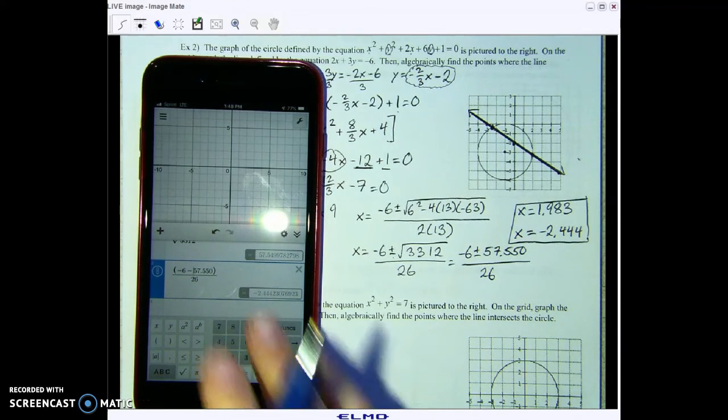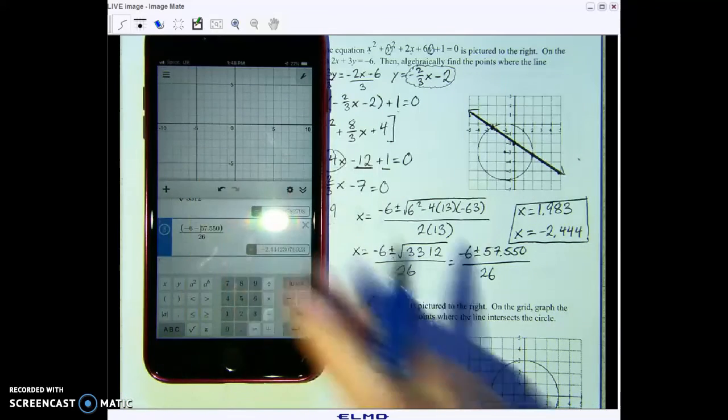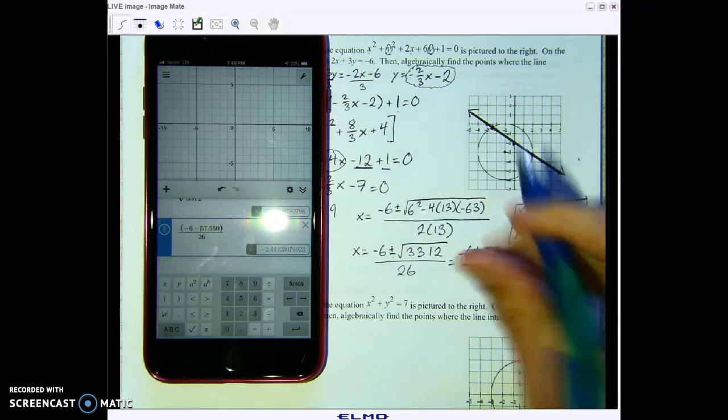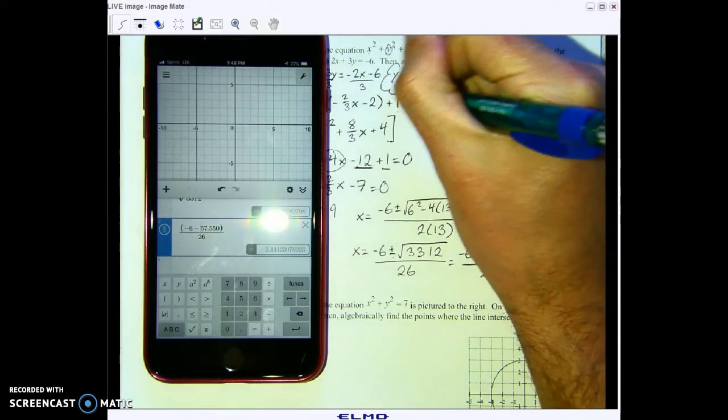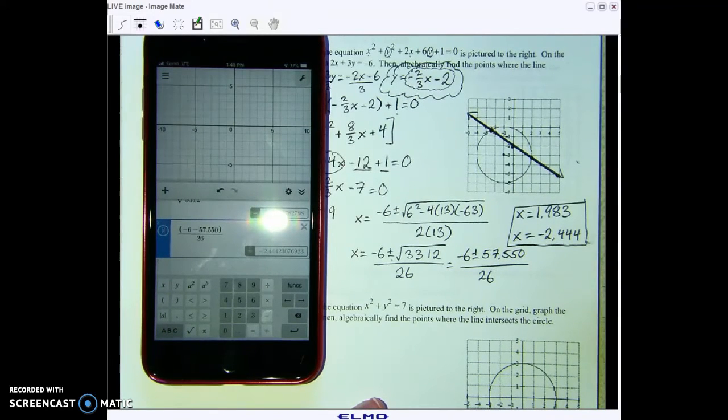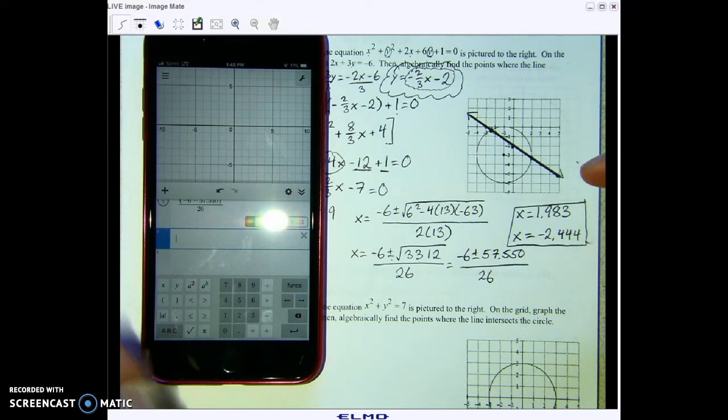All right. Now all I need to do is get the y values that go with it, right? So I'm going to take my equation right up here, this y equation, and I'm going to plug in both 1.983 and -2.444 and see what happens.